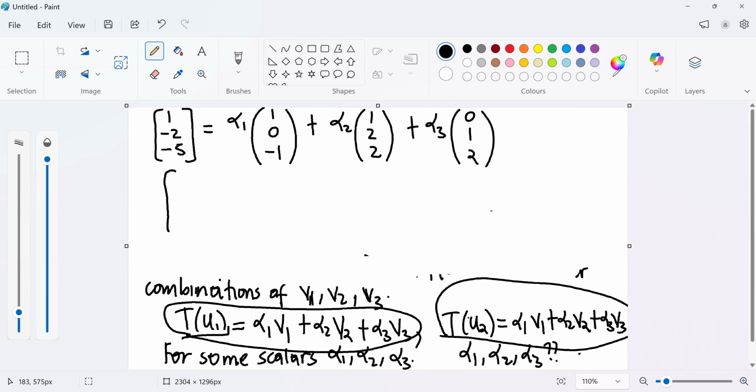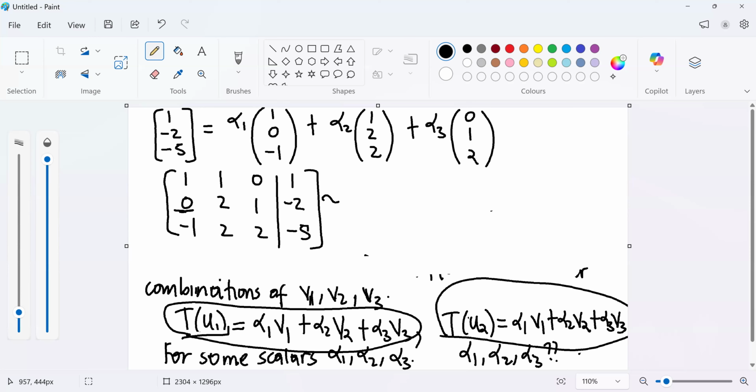I have 1, 0, -1, 1, 2, 2, 0, 1, 2, and this is equal to 1, -2, -5. Let me manipulate, because here I already have a 0.